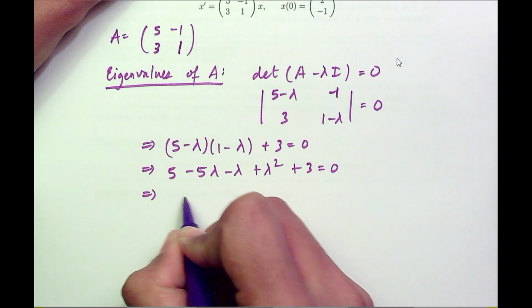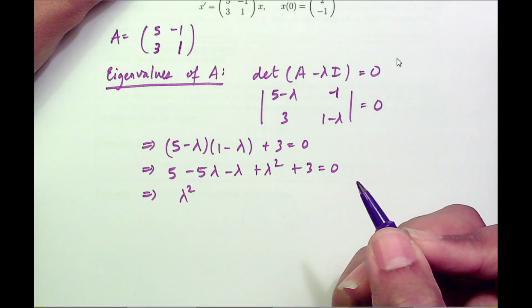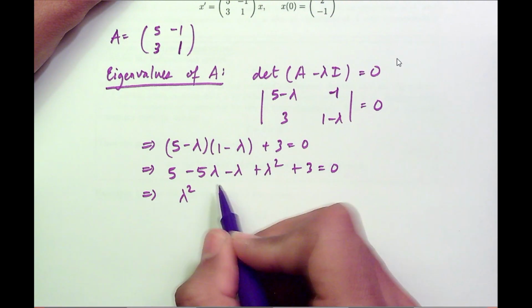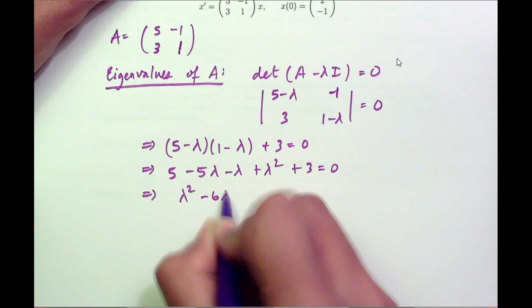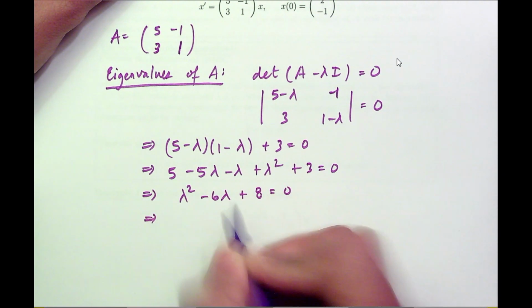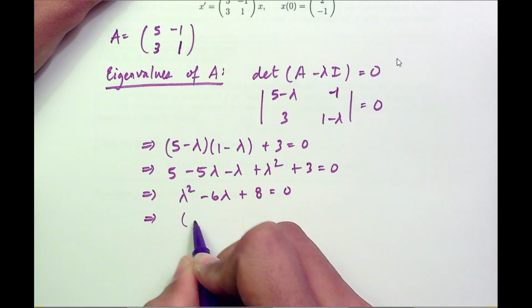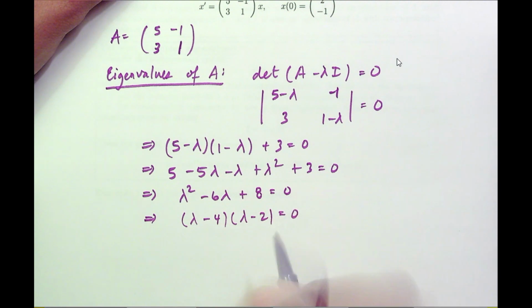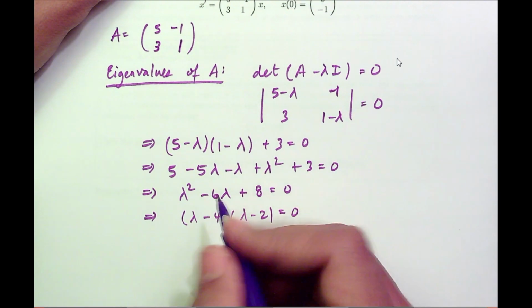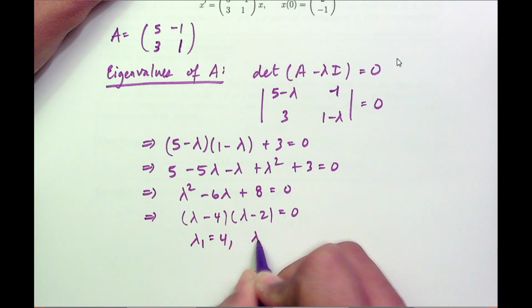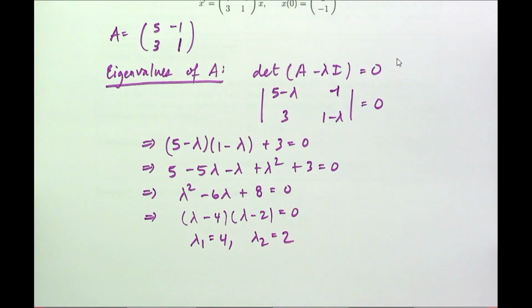Now, collect like terms and write everything in order. Lambda squared minus 6 lambda plus 8 equals 0. Solve this quadratic, either using the quadratic formula or factoring. This one actually does factor easily: lambda minus 4, lambda minus 2. So one eigenvalue is lambda equals 4. The other eigenvalue is lambda equals 2.